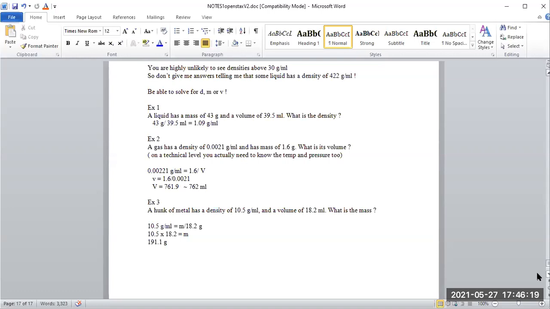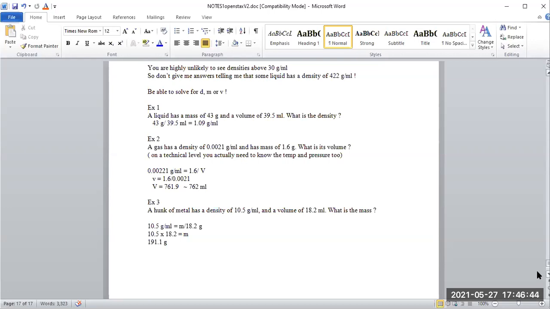if the question asks for your answer in sig figs. And the last one, I gave you a density, 10.5, and a volume of 18.2. Again, put all your data into your equation, do your little algebraic rearrange. Your milliliters will cancel out.